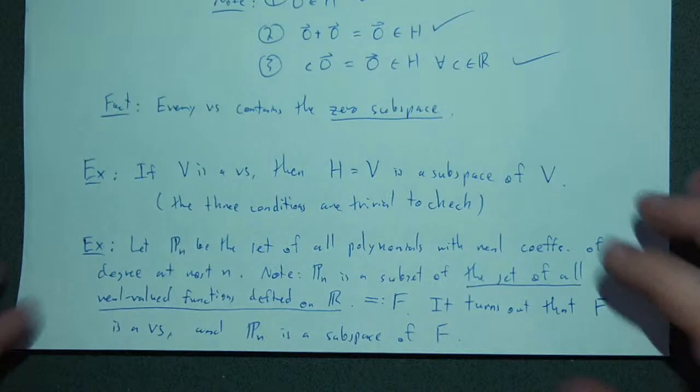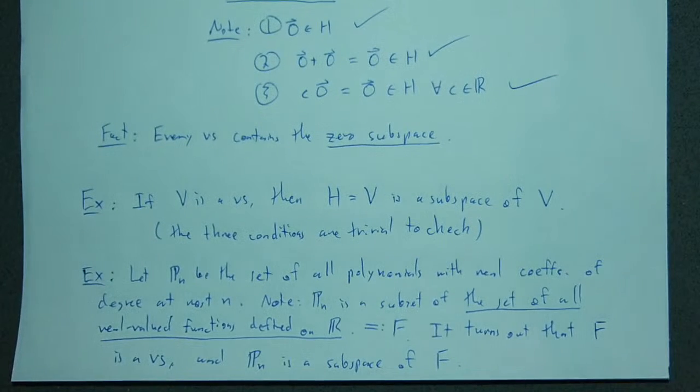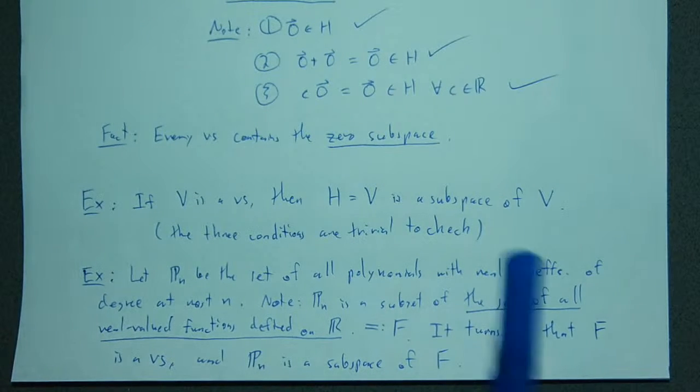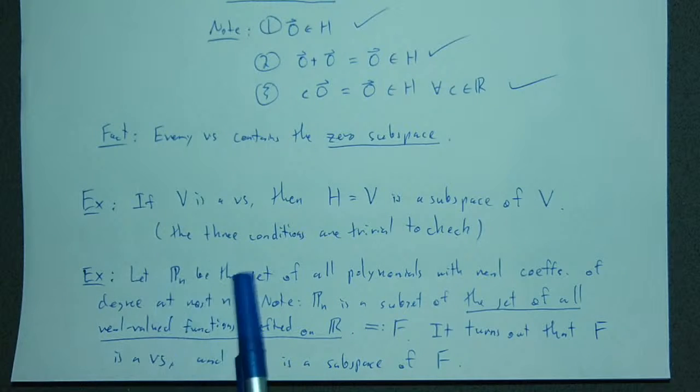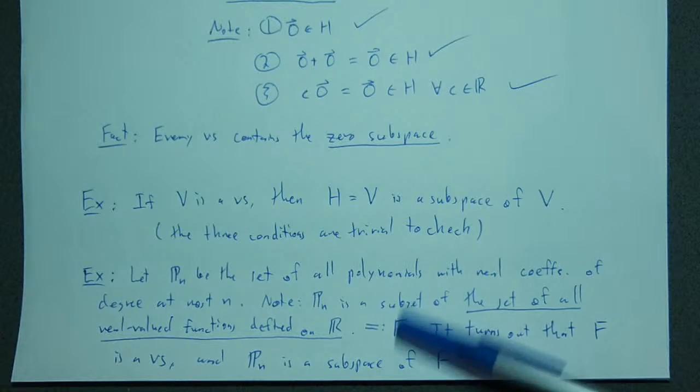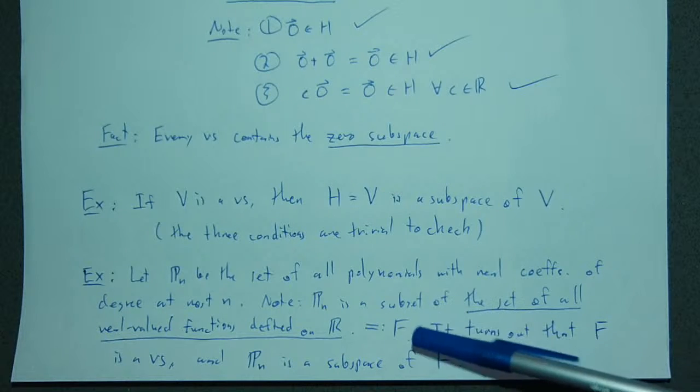I'm not going to check, but just quickly in words here: first of all, the question is, is the zero vector of F present in P sub n? Does it belong to P sub n? And the answer is yes, because the addition we're using here is pointwise addition of functions.